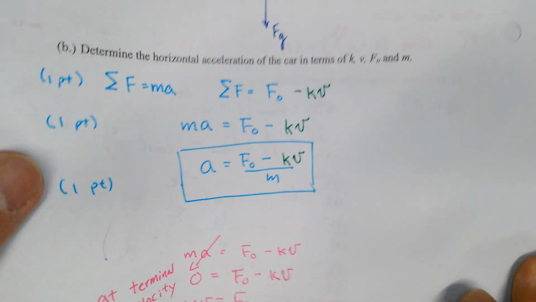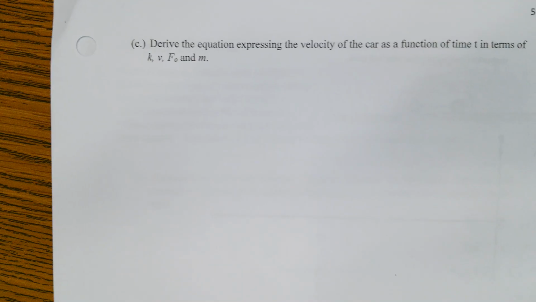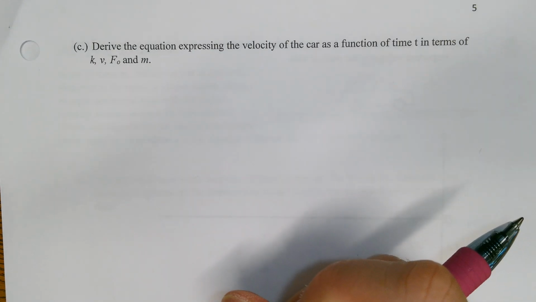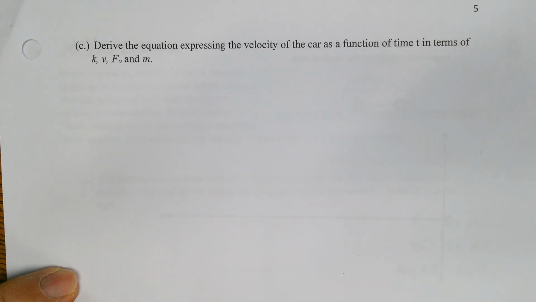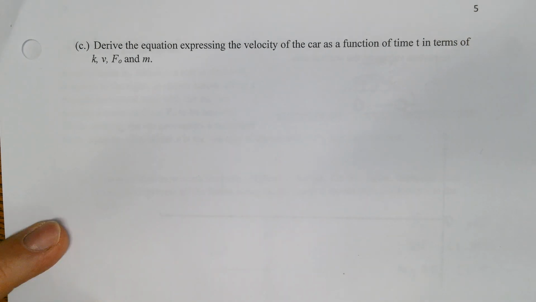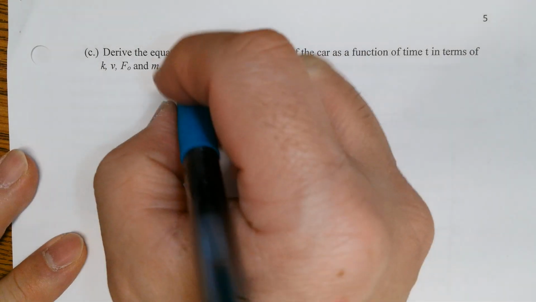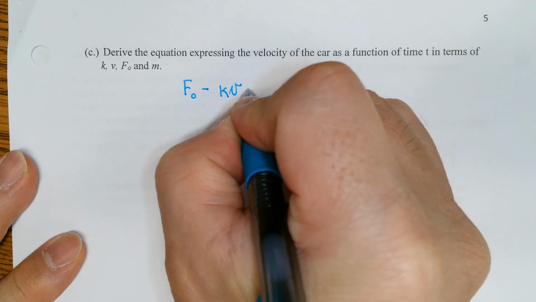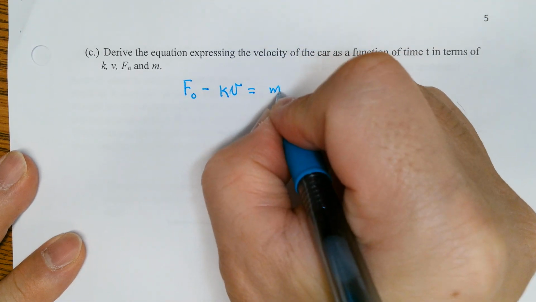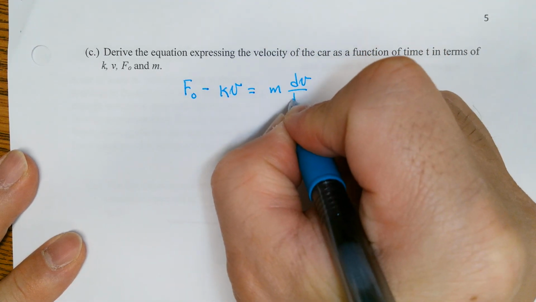All right, next. Now comes the evil part, right? Derive the equation expressing the velocity function. So here we know F naught minus kV is equal to m times dv over dt, right?